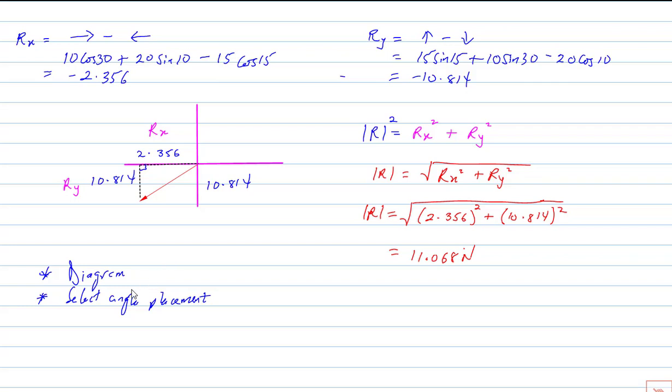Select your angle placement. It's actually a matter of choice, but in most textbooks, you see the angle usually located to the positive or the negative x-axis. Now, the next thing you need to be mindful of is the keywords you use to describe your angles.